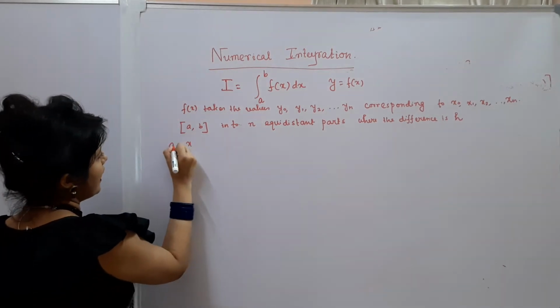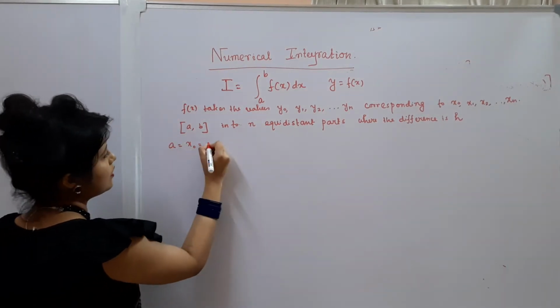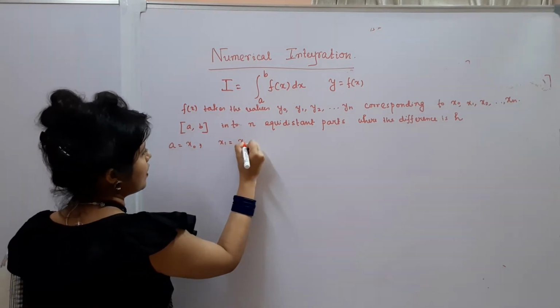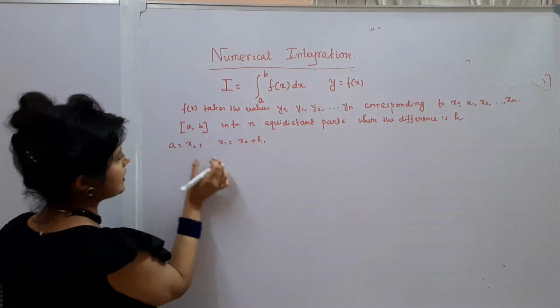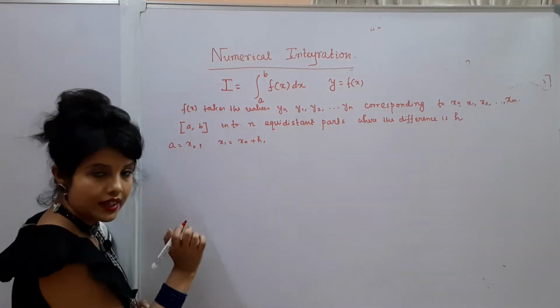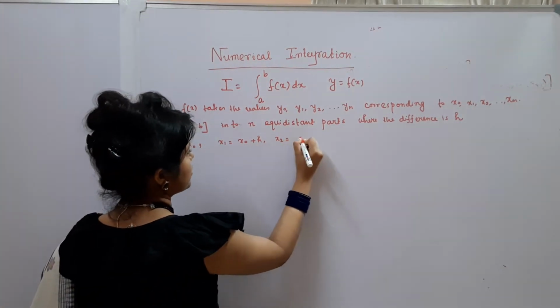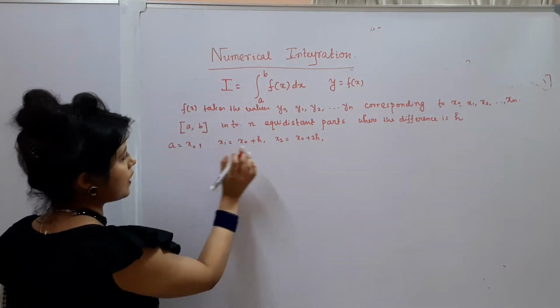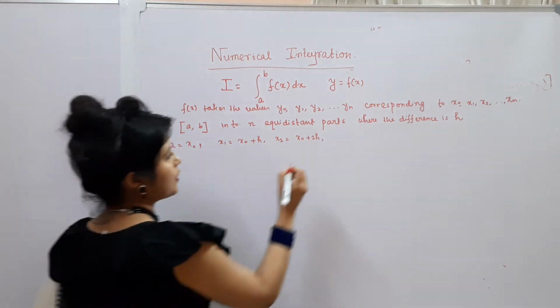So therefore a equal to x0, the first value, okay. Now then x1 equal to x0 plus h, that is the difference between x0 and x1 is h. Next x2 equal to x0 plus 2h, the difference between x2 and x1 is obviously h, okay.